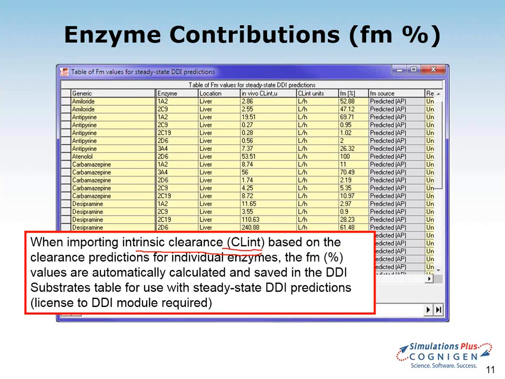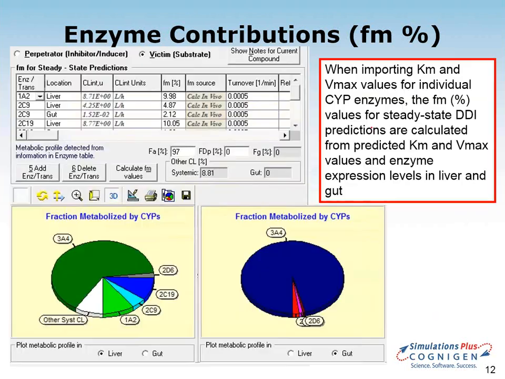So in that case, we automatically calculate the FM values for each of the enzymes. So again, you would be set up to go directly into the DDI module and run at least the steady state predictions utilizing the FM values for individual CYP enzymes, at least for these 5 enzymes for which we have the models.